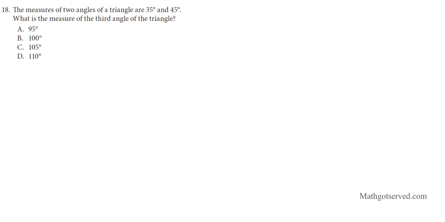It says the measures of two angles of a triangle are 35 degrees and 45 degrees. What is the measure of the third angle of the triangle? So this involves geometry. So let's say we have a triangle. What does the triangle angle sum theorem tell us? Well, it tells us that the sum of the angles of a triangle is equal to two right angles, or 180 degrees.